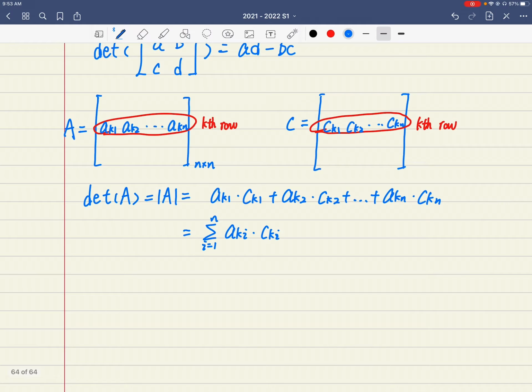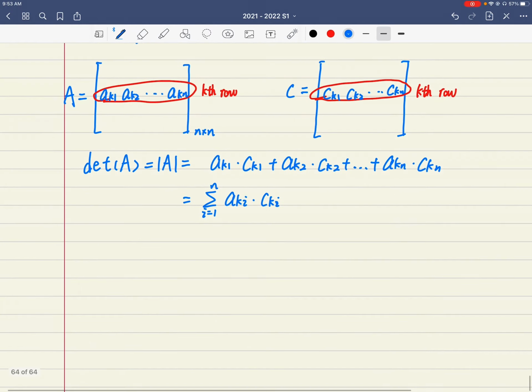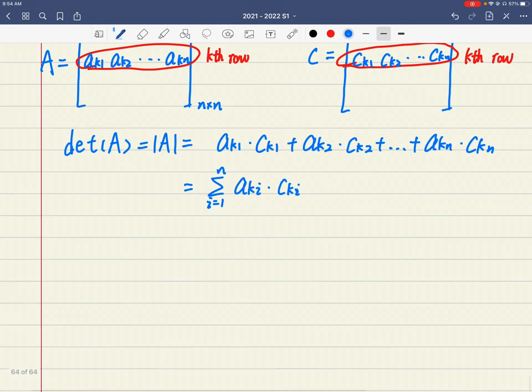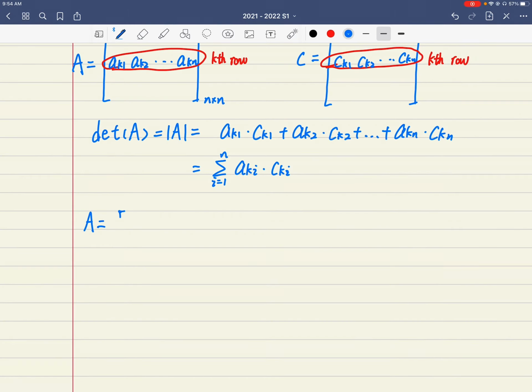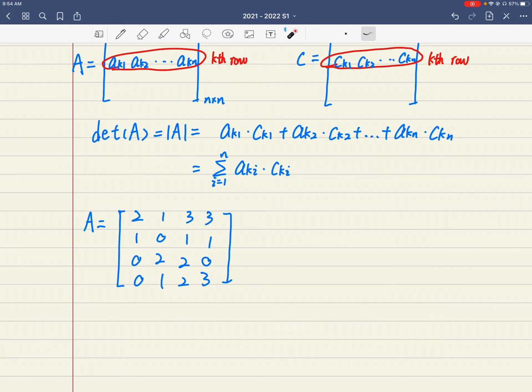So let's do this problem. It's a 4 by 4 matrix determinant, so A is a 4 by 4 matrix. Let's directly go to part B, since part A is not that necessary.